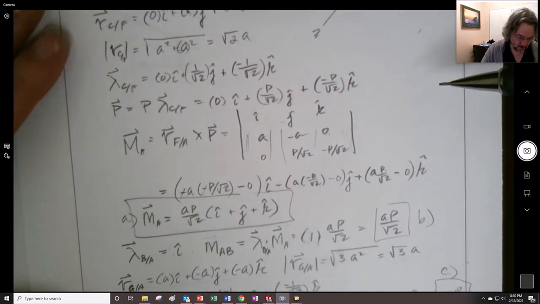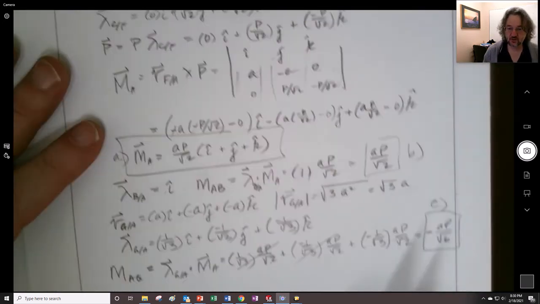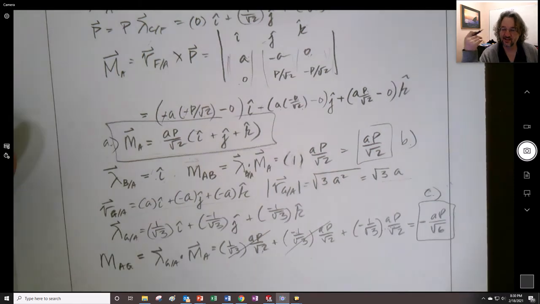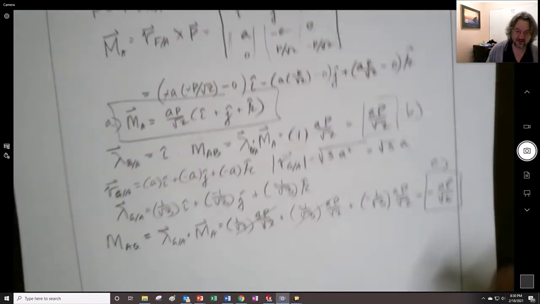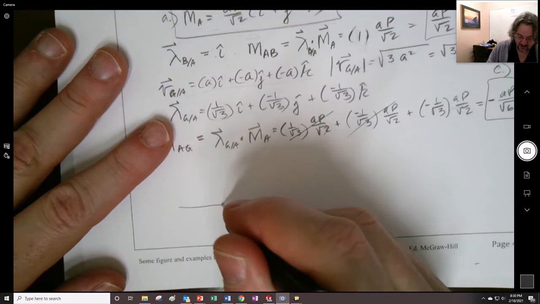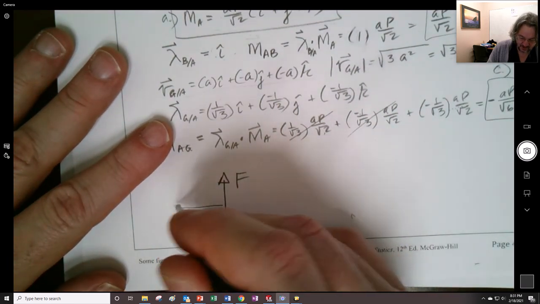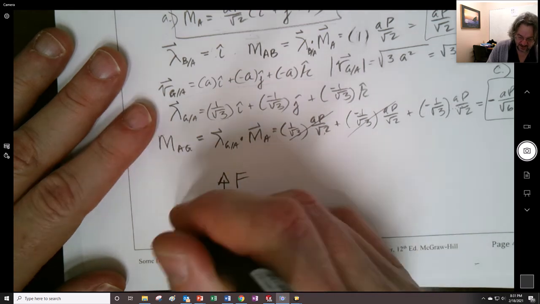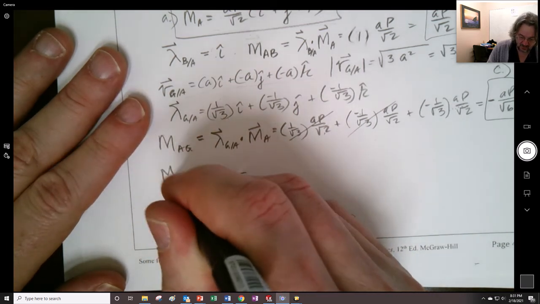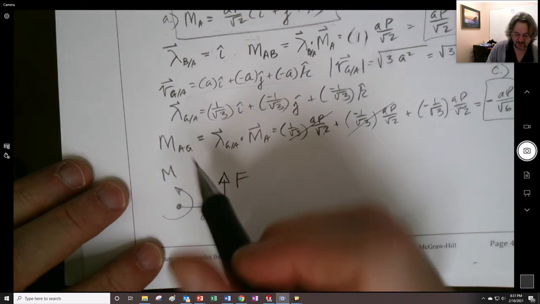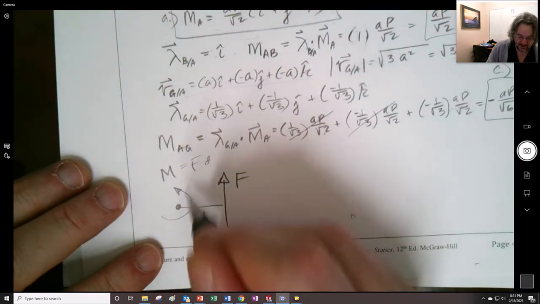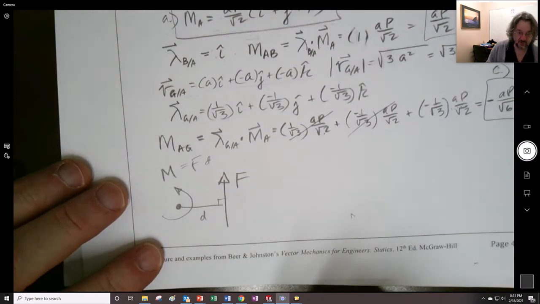Okay, so what we're going to do is, if you know what the force is, and you know what the moment is, you can find the distance that's perpendicular, because the definition of a moment is that this moment is equal to F times D, where they have to be perpendicular to each other.